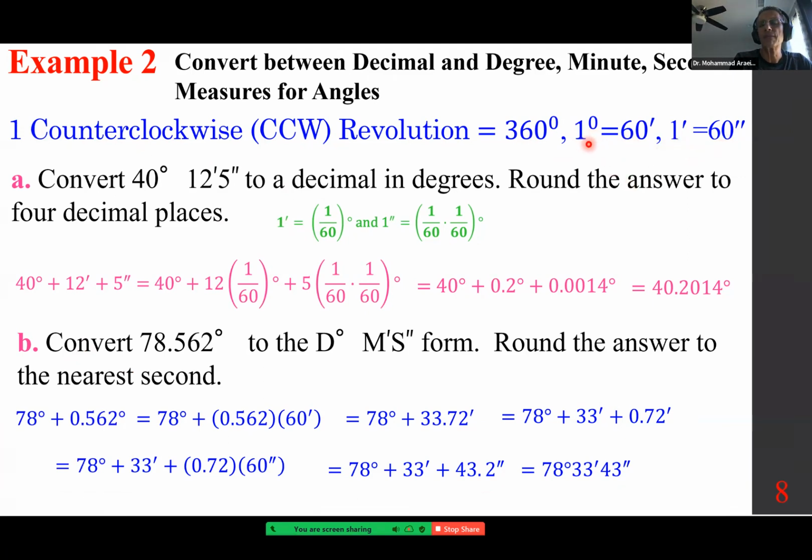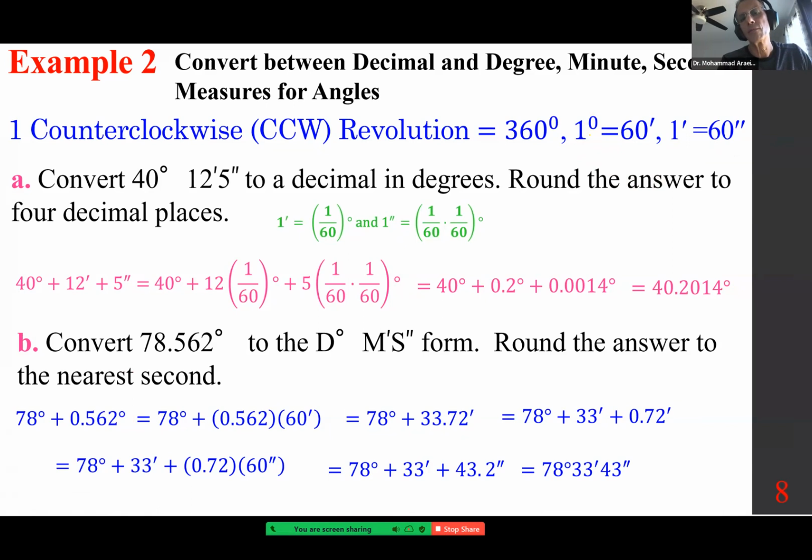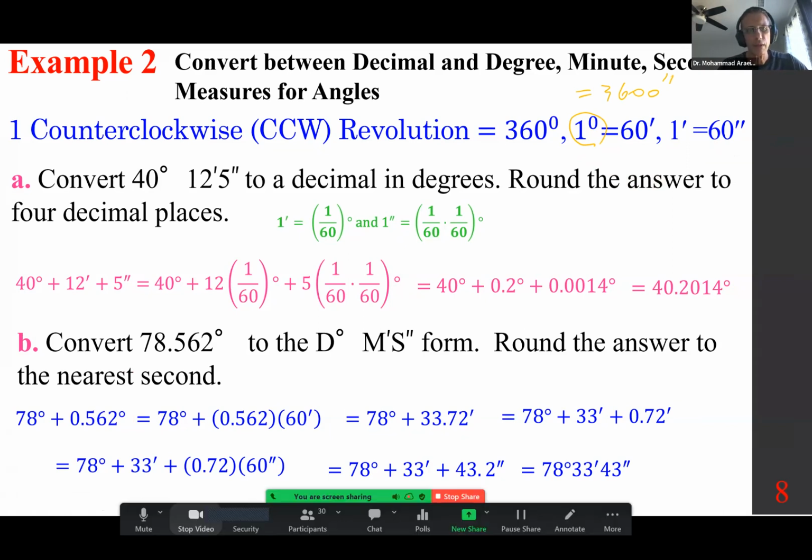Therefore, 1 degree is 3,600 seconds, because 60 times 60. So on this page, we learned how to go back and forth. So we've done that. All right, let's move on.